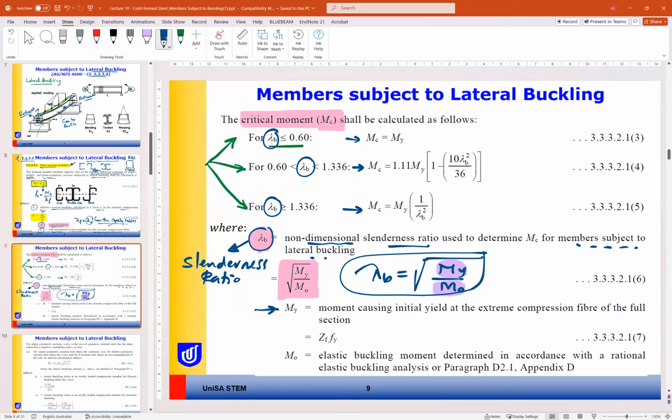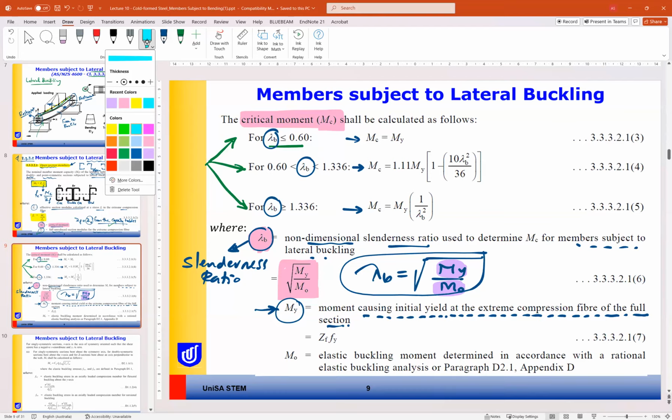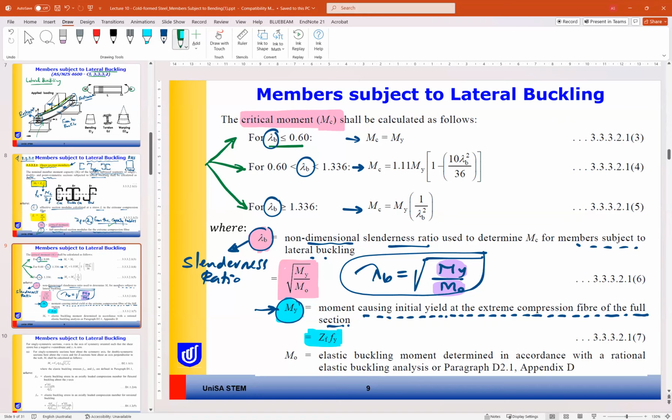M yield, or MY, is the moment causing initial yielding at the extreme compression fiber of the full section. What does this mean? This means that M yield is equal to ZF times F yield. So this one is simple.